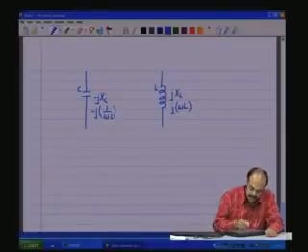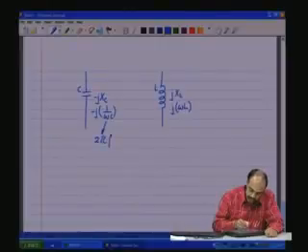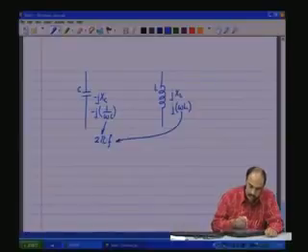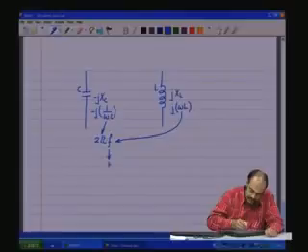Omega here is nothing but 2 pi F, in radians per second, where the frequency F is in hertz, written as Hz.